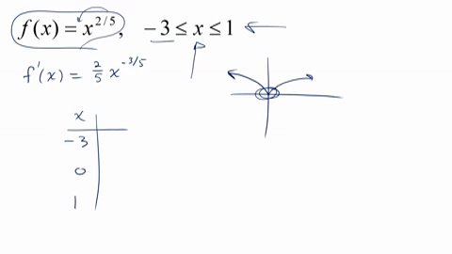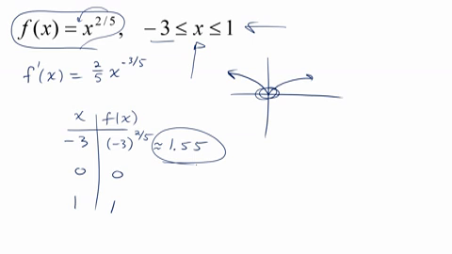So f of -3 would be -3 to the 2/5 power, which is approximately 1.55. f of 0 is 0, and f of 1 is 1. So in the interval from -3 to 1, we have a max value at -3, and we have a minimum value at 0.